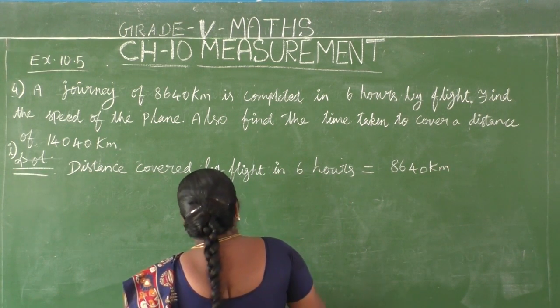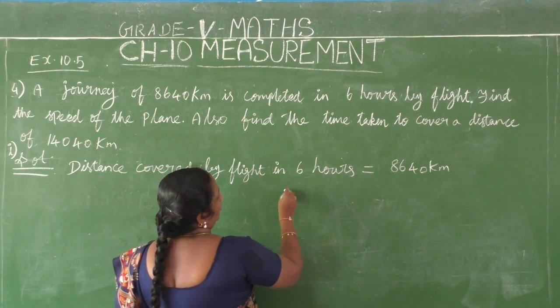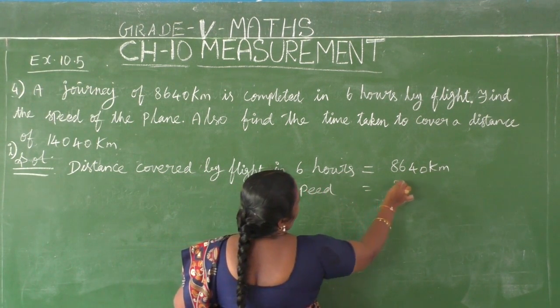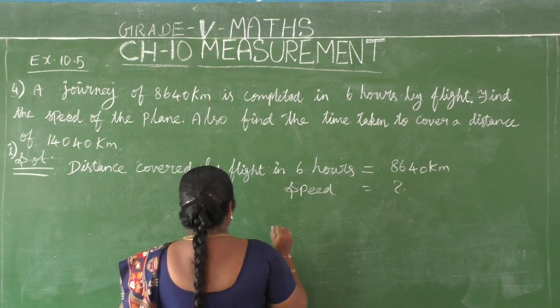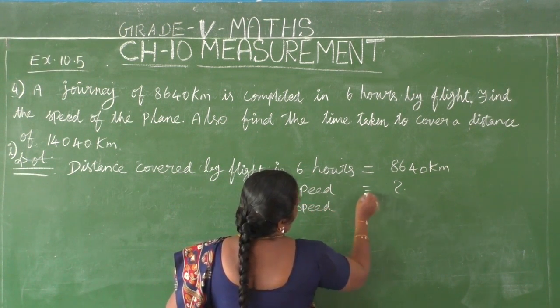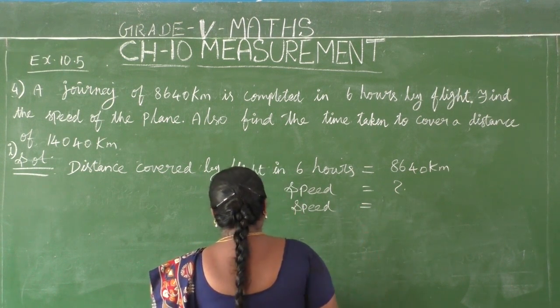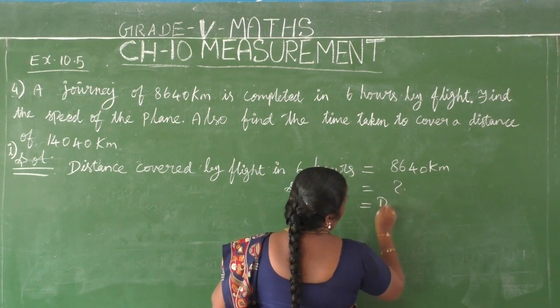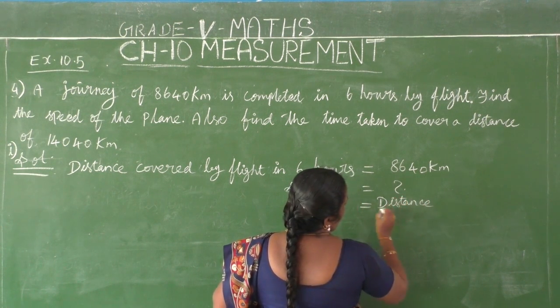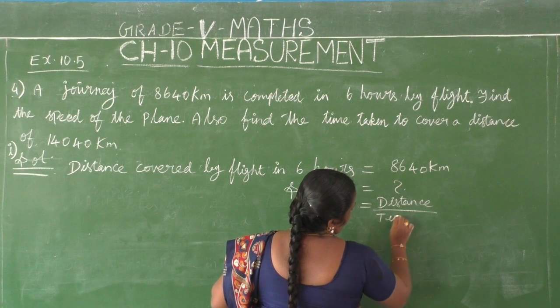Right. For this question we are going to find out the speed. We don't know the speed, so here we are going to use the speed formula. What's the speed formula? You memorized or not? What is the speed formula? Distance by time.